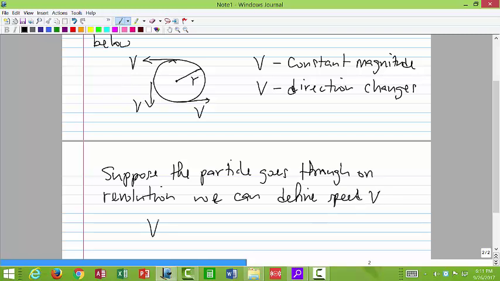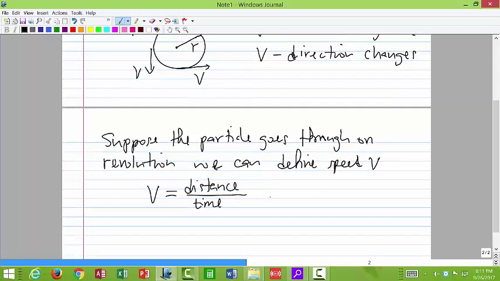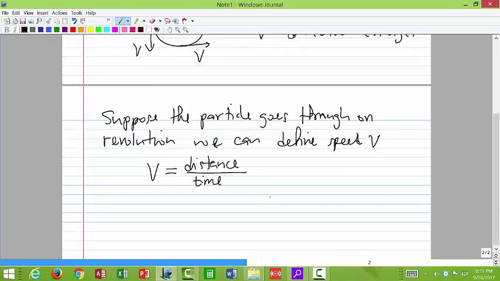The speed v is equal to the distance covered in one revolution divided by the time taken. Since the particle is going through one revolution, the time is the time period. The distance covered will be equal to the circumference of the circle, and the time it takes will be equal to the period T.